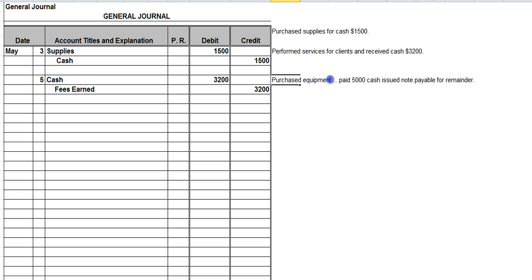Oh, so I need to give you a value here for equipment, don't I? Let's see. Purchased equipment, $25,000. Paid $5,000 cash, issued note payable for remainder. So this is like we put a down payment and we're going to finance the rest. We put a little bit of money down and we went into debt for the remainder. Bought the rest of it on credit.